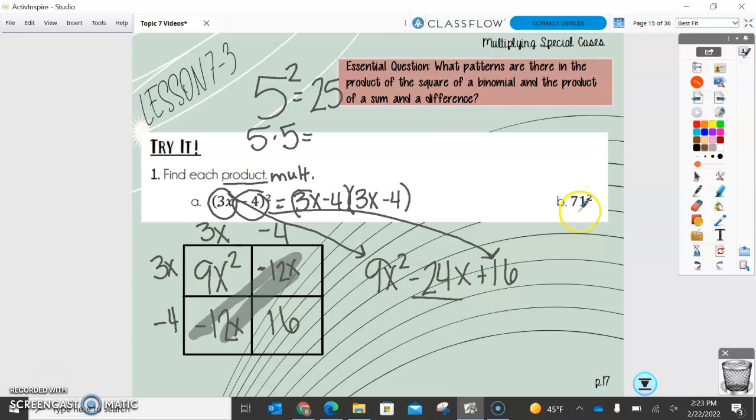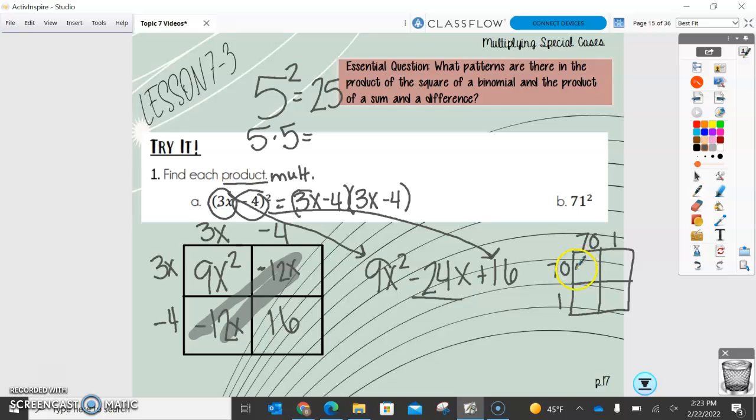Now, when it comes to 71 times 71, they're trying to show you that you can relate this squaring process to regular numbers. So I might be able to take 71 and think of it as 70 plus 1, and 70 plus 1. I may not have thought of breaking it up like this before, but that's 71 times 71.